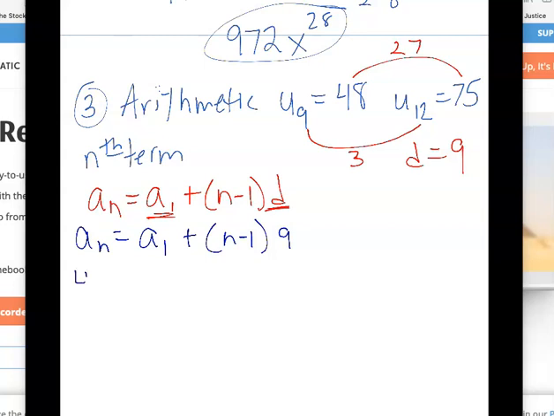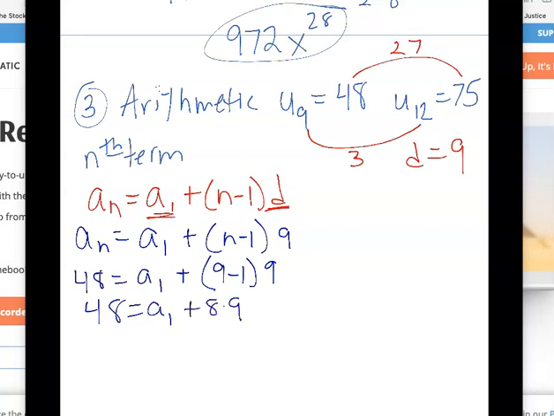We could say 48 is our first term. We don't know, but we know 48 is our 9th term. So we know 48 equals a sub 1 plus 8 times 9. So 48 equals a sub 1 plus 72.